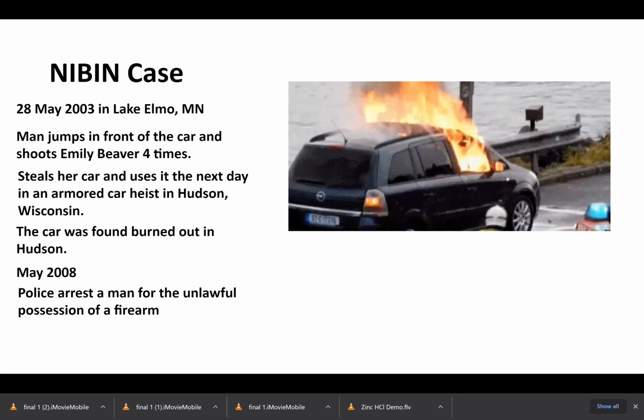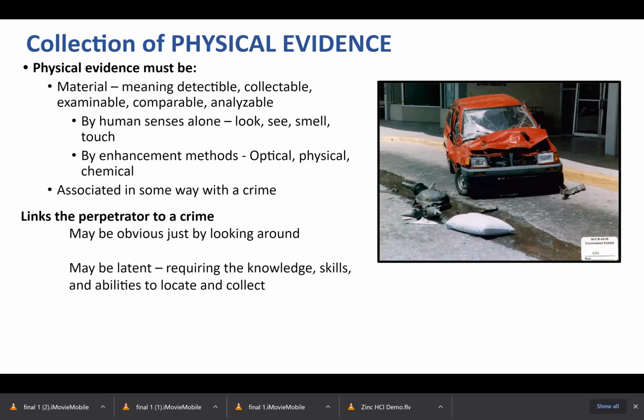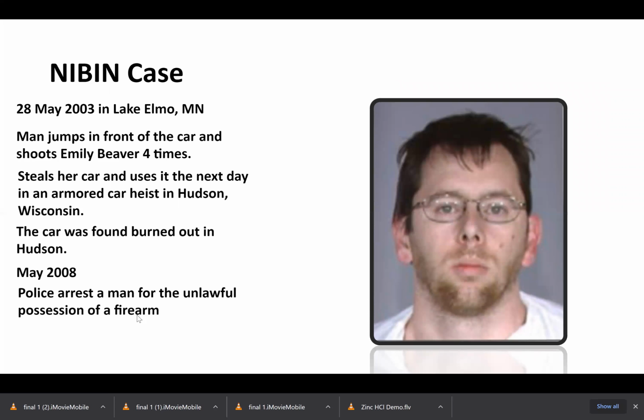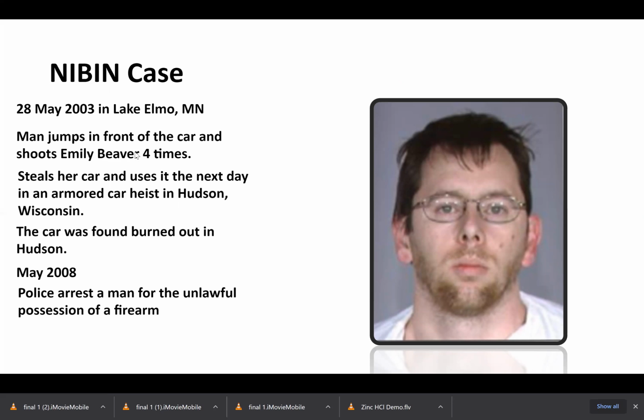Five years later, the police arrest a man for the unlawful possession of a firearm. And that firearm was linked back to Emily Beaver and the armored car heist using the NIBIN system.